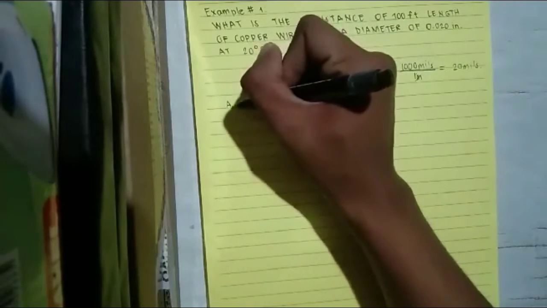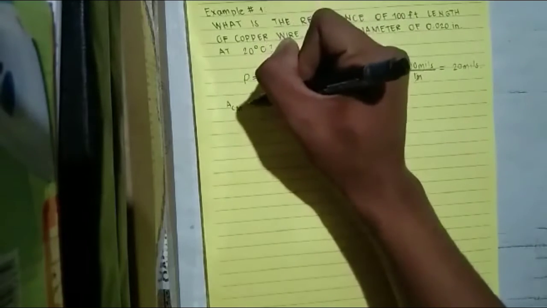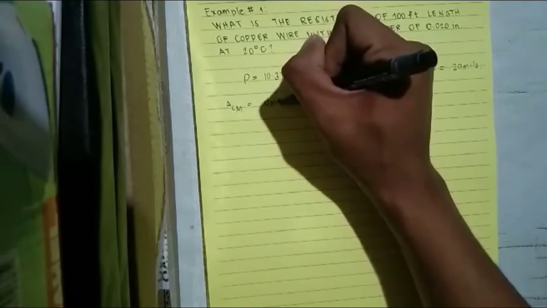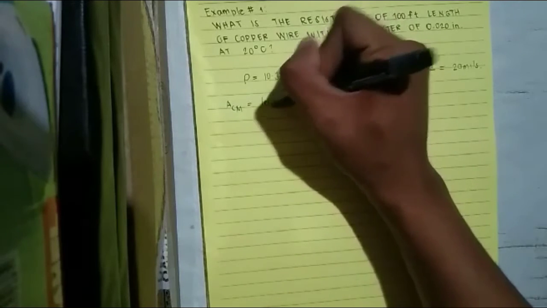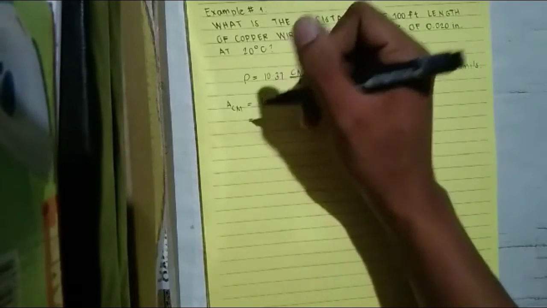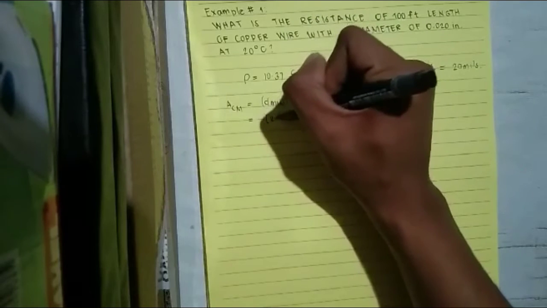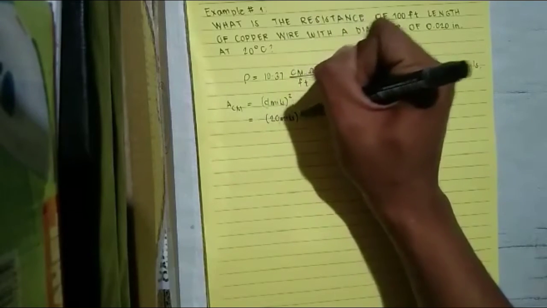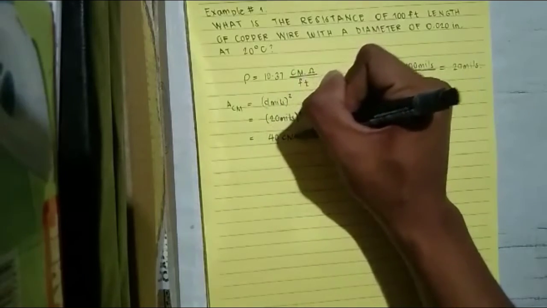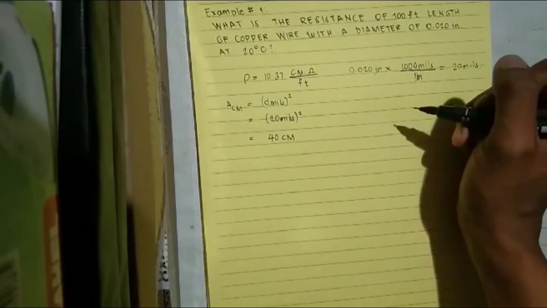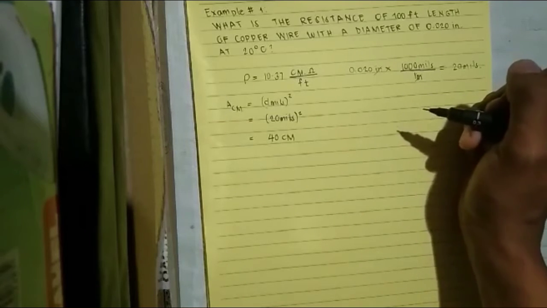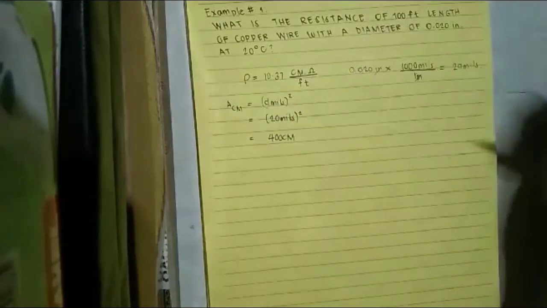A circular mil equals D squared equals, substitute lang yung 20 squared equals 400 circular mil. Sorry.